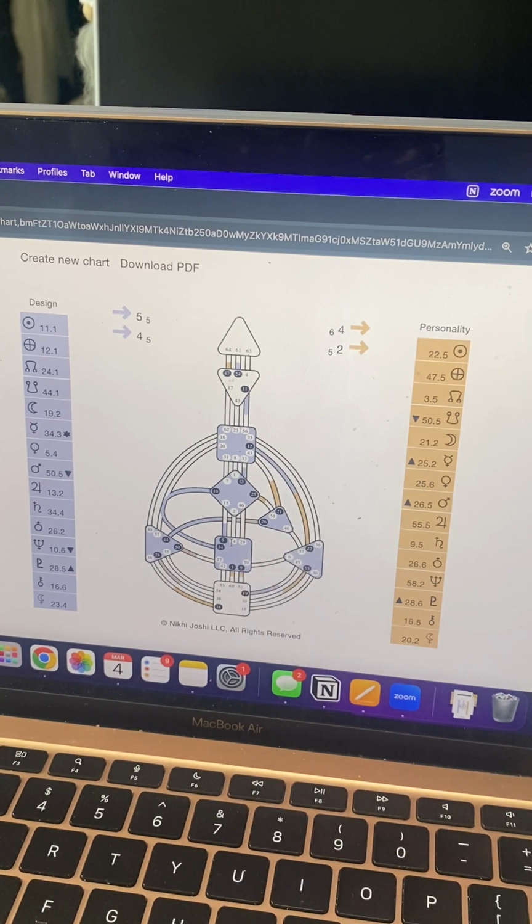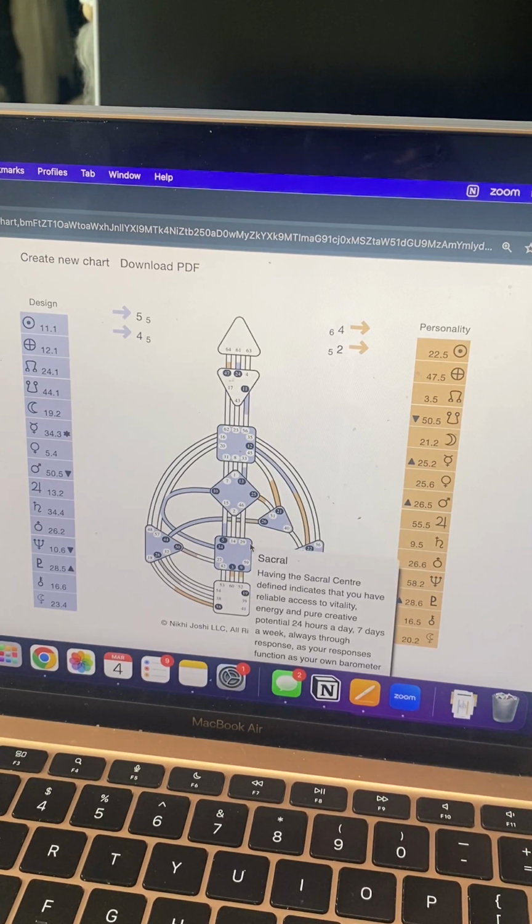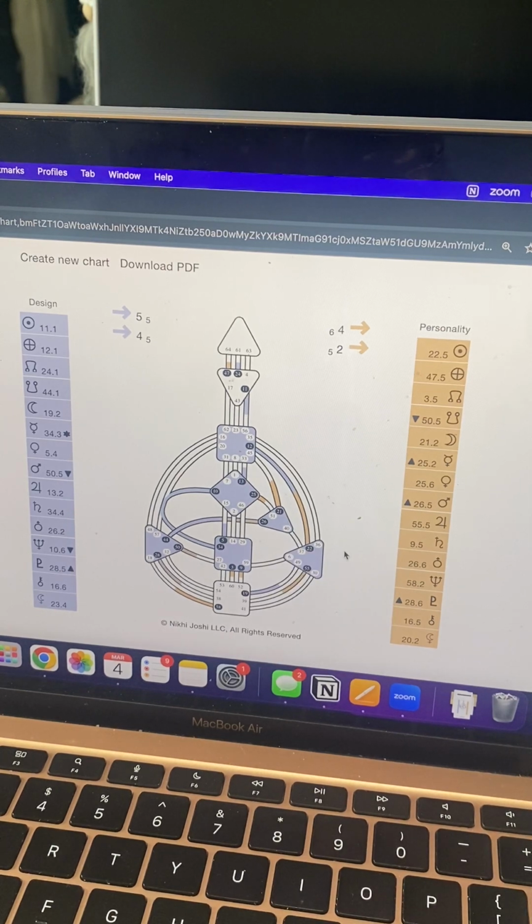I don't have an indirect or direct connection from another big motor center, which is my sacral, but having a defined throat which is connected to a motor center like the emotional solar plexus is what makes me a manifesting generator, aka charged with all the sacral energy to do what I love to do, as well as work with this energy of my throat that has this pulse around it. And this pulse is very much energized through emotion. Gate 12, coming back to this gate in my throat.